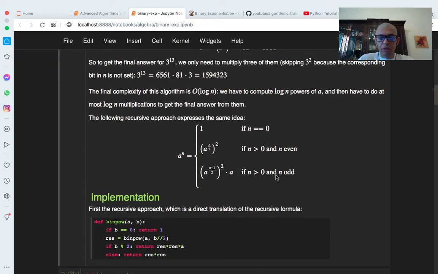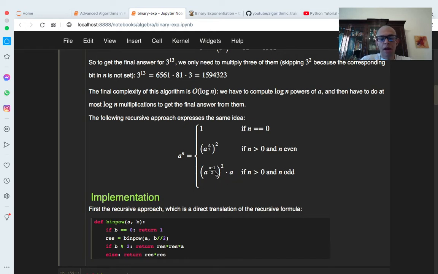And here if n is odd, then we would just say, okay, we will stop at n minus 1 by 2. Because n is odd, n minus 1 would be even. A power n minus 1 by 2, the whole of 2, would be just a power n minus 1.